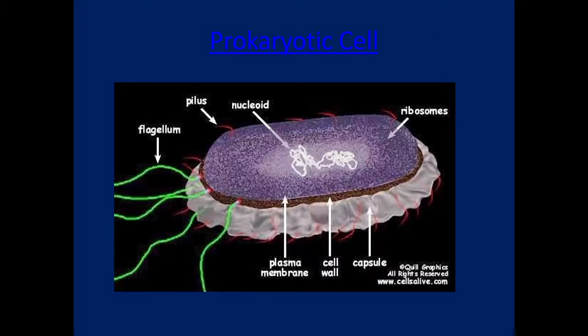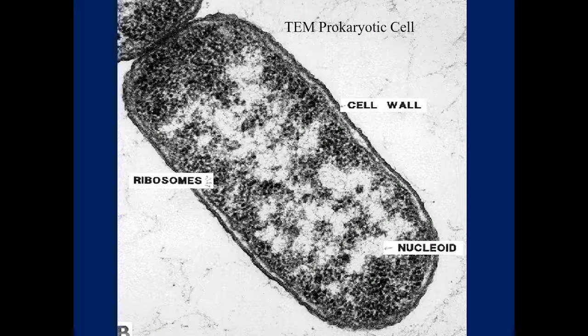So this is the structure of a prokaryotic cell, observed under TEM, transmission electron microscope.